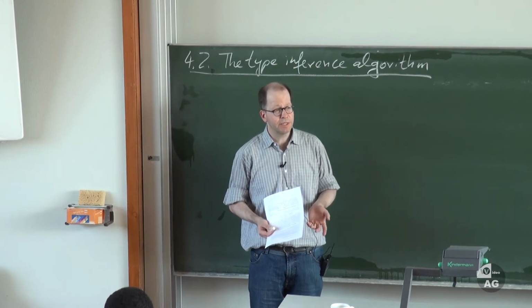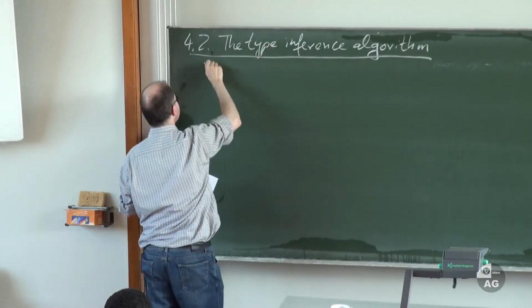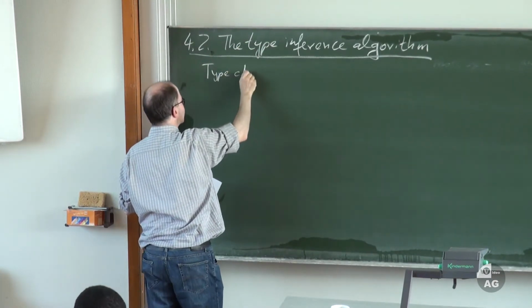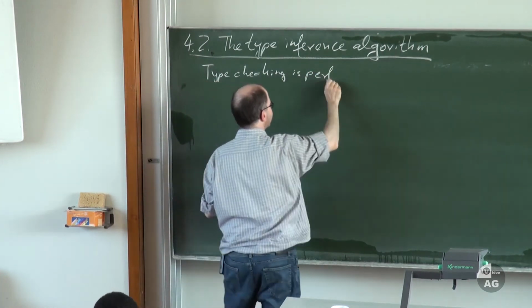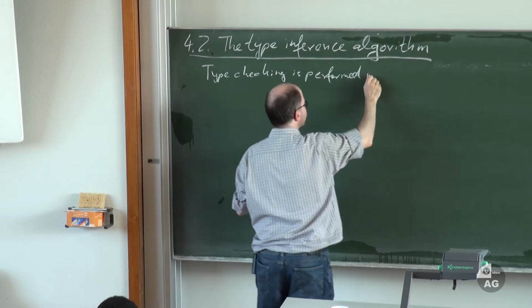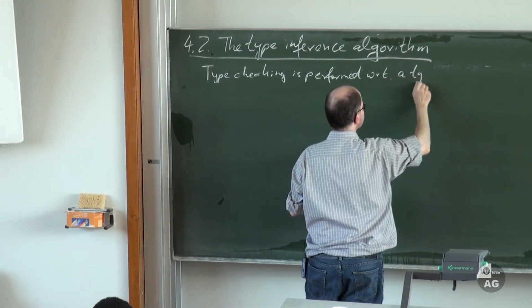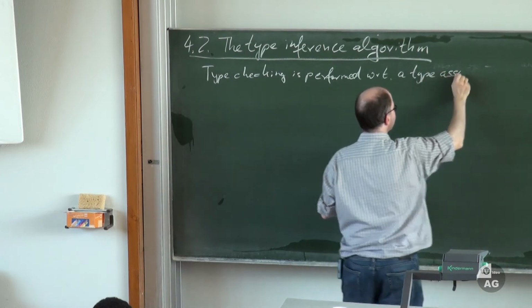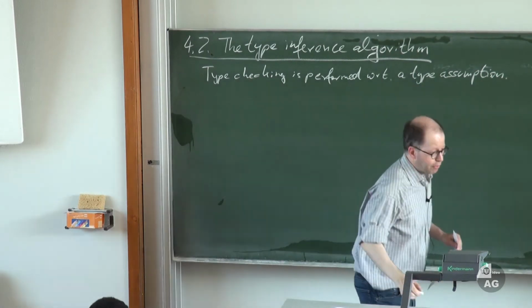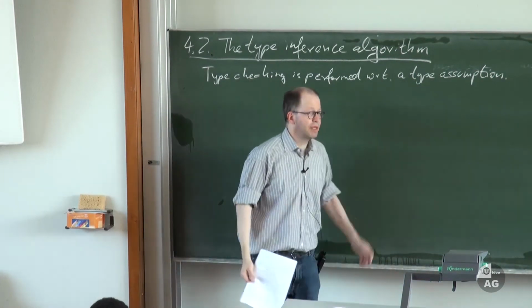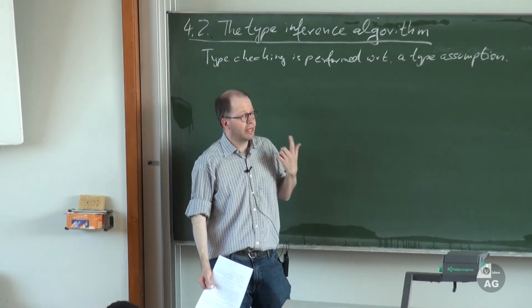So type checking always takes place with respect to a type assumption, and therefore the algorithm that we develop, the type checking algorithm, has two inputs: the term that we want to type check and the type assumption.